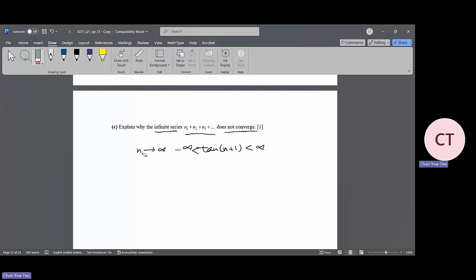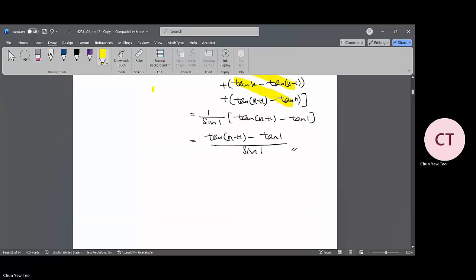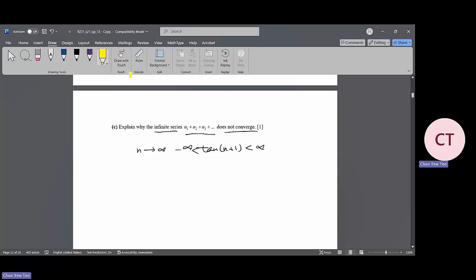So you can see that the answer here is very dependent on n.